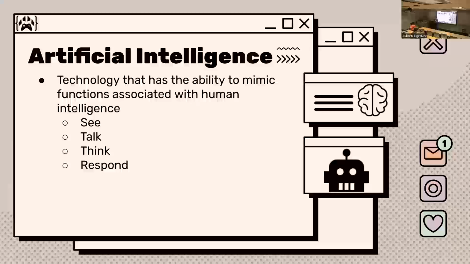Some examples of artificial intelligence for seeing would be image recognition. Talking would be those AI voice bots that you see on TikTok. Thinking and responding are both kind of chatbots where you can give them information, they can process it, and then they can give you out a human response. Now, the important part about artificial intelligence is that it does things in a way that a human would do them. That's why it's called artificial human intelligence.